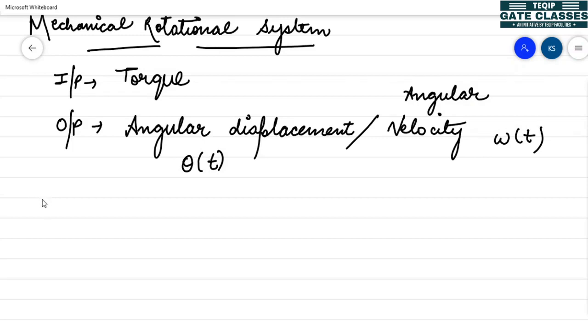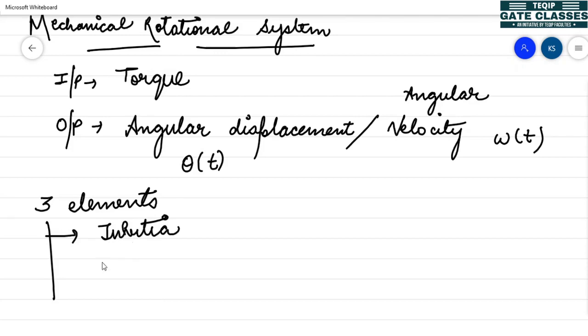Just like the electrical system and the mechanical translational system, three elements are required to represent any mechanical rotational system. The three elements are: first is inertia, second is damper, and third is torsional spring.